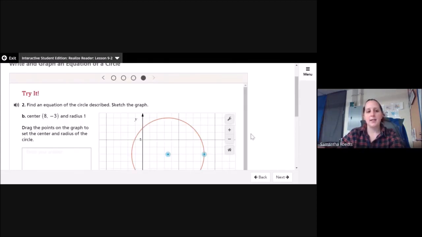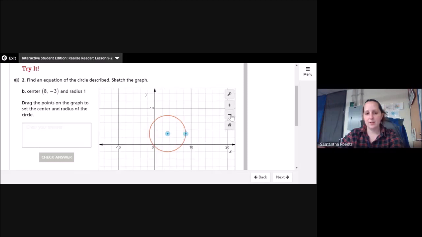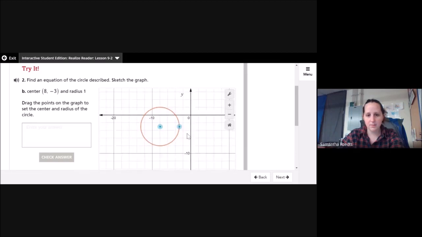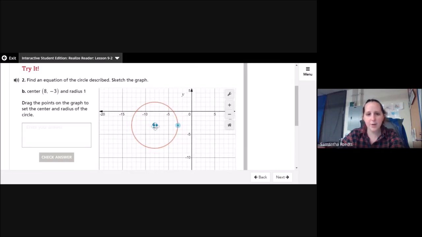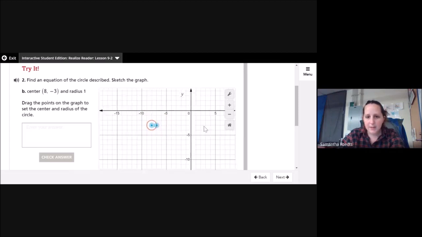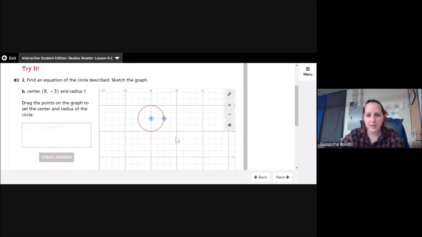For B, the center is 8, negative 3. So we go out a little bit. 8 is over here, and then negative 3 is down here. So 8, negative 3, and the radius is 1. It's a really small circle.